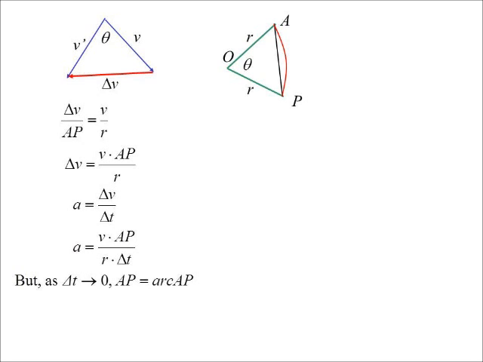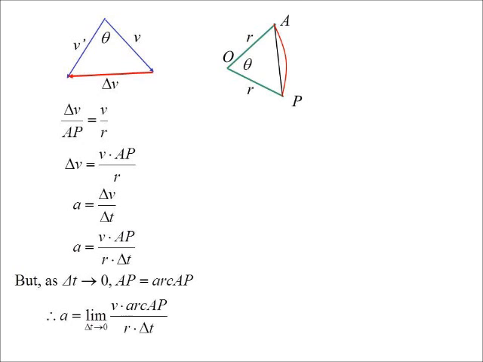So at that point, as angle theta approaches zero, it's actually travelling on the arc AP rather than the chord AP. But as time approaches zero, the length of that arc and the length of that chord will be getting close to being the same thing. It's only as time goes on that that arc gets bigger than the chord. So if we're talking about close to zero, that length must be the same.